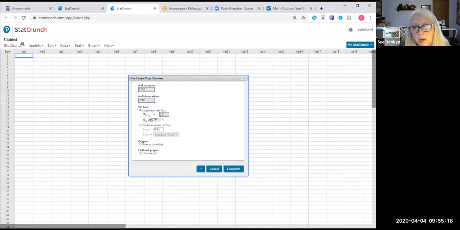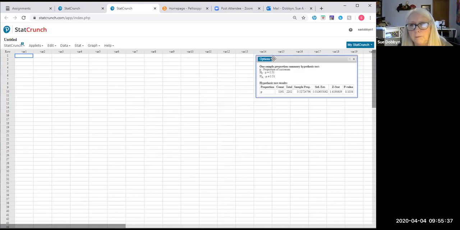The null hypothesis proportion was 0.51, so that needs to be changed. And then the alternative is not equal to. Now, that's the default position, so I don't need to change this. It's already a two-tailed test. That's the default one. So I just hit compute.